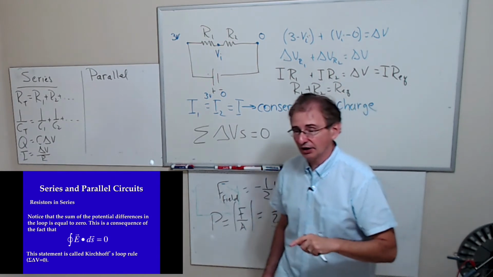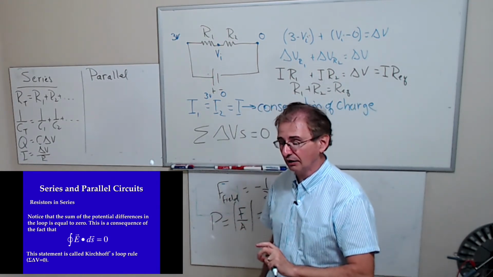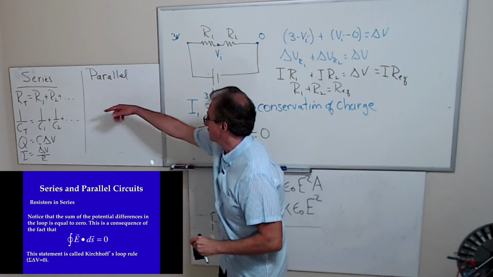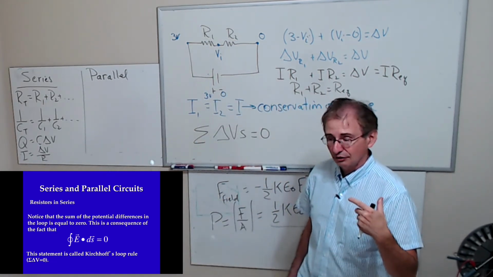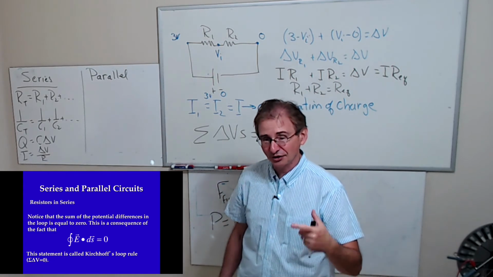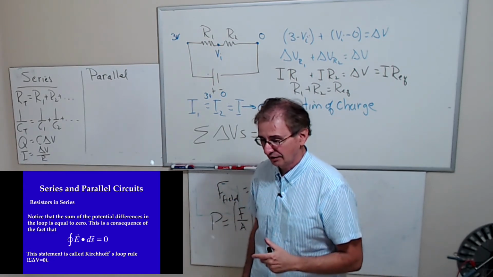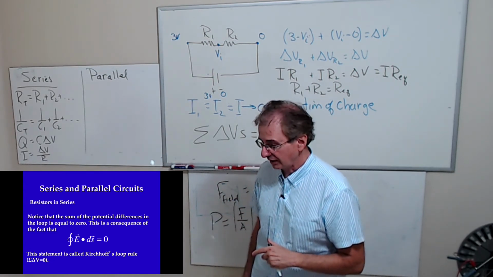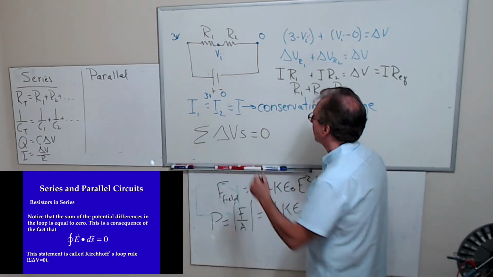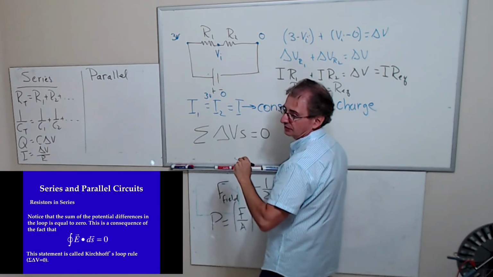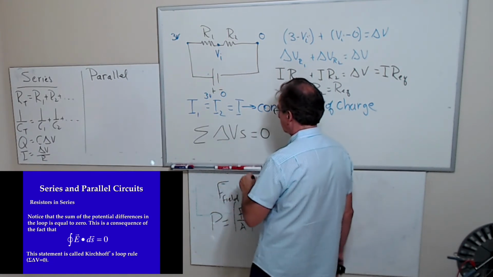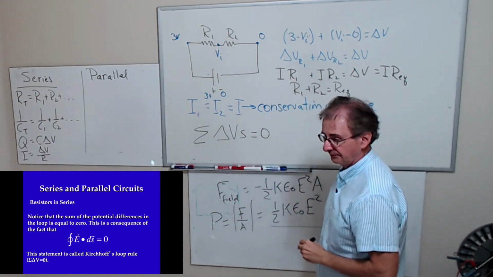And when you have a circuit that's neither series nor parallel, and you can't use these equations, you actually have to apply Kirchhoff's loop rule. And there's actually another one called the current rule. Is everyone clear on that? It's pretty obvious that if I go around and sum voltage drops, their sum is going to be 0.